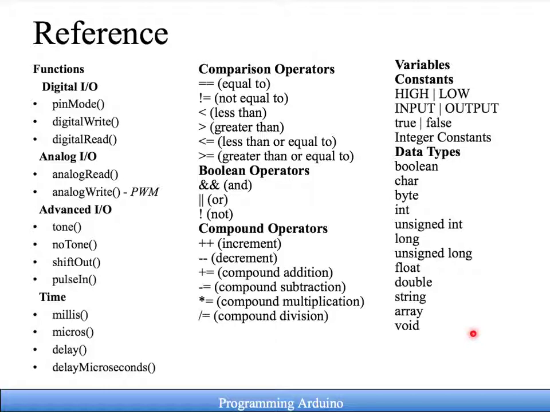So, for example, pin mode, digital write and digital read are used to control the Arduino, and some functions like comparison operation, Boolean operation, compile operation. Somehow these functions have been used in other languages as well, including the data type operation.